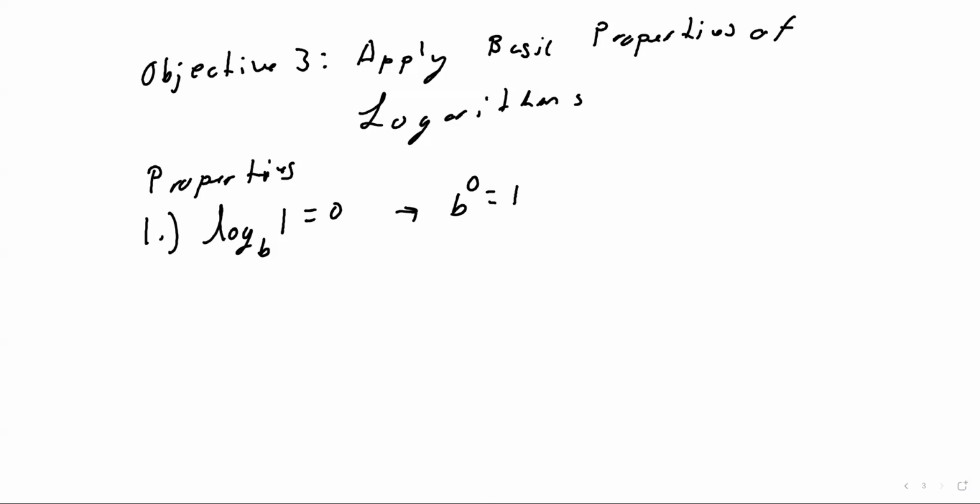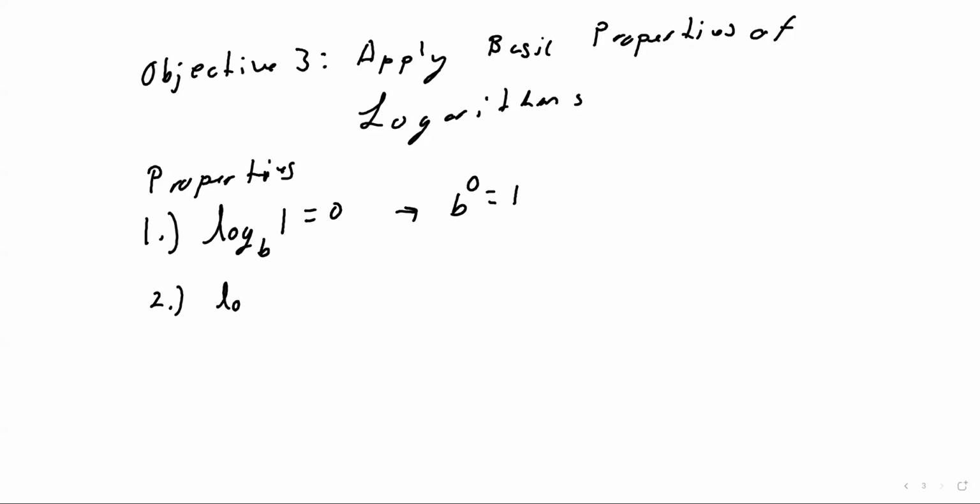It doesn't matter what the base is. If you have a 1 there, it's got to be 0. So anytime you see a 1 here, instantly 0. Like base 1 of 1, it'll still be 0. As long as this guy right here is a 1, it doesn't matter what this is.